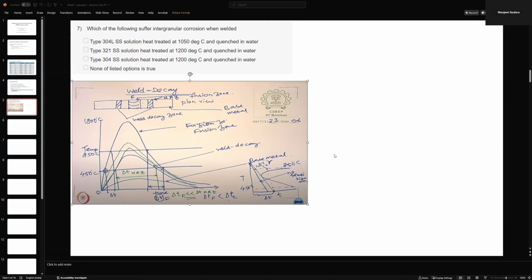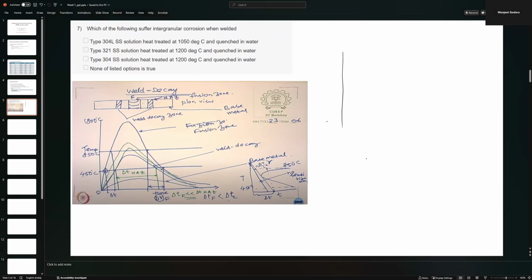We will dissolve the carbide, but there will be some rate of cooling, right?